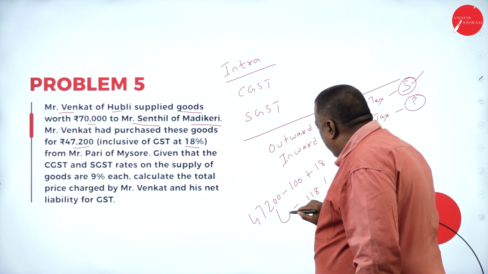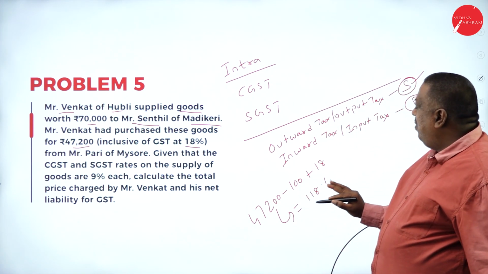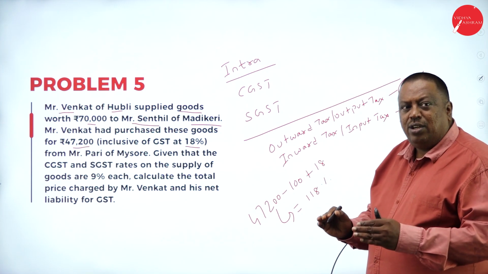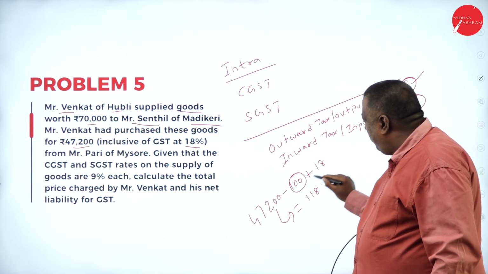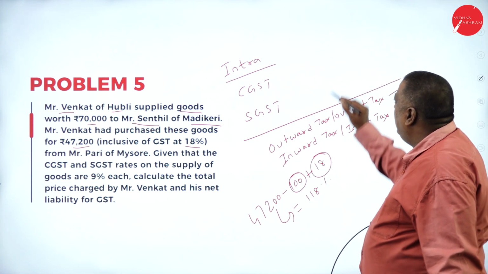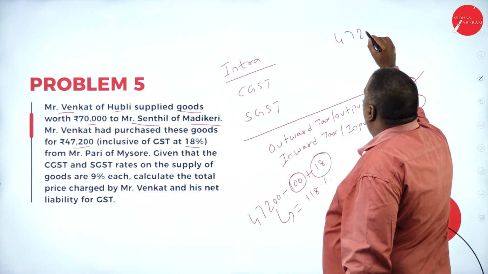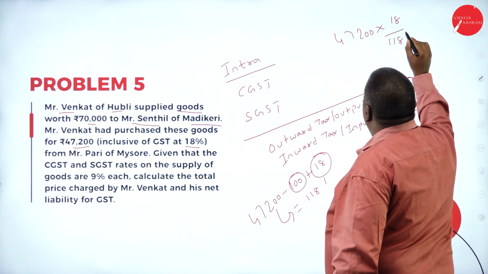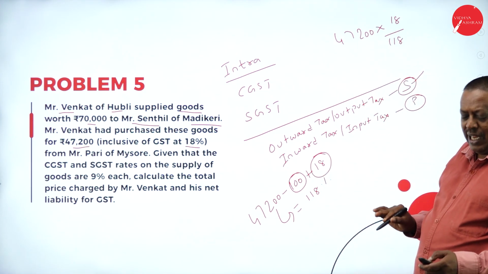The value is at 118%, where I have to remove the part of 100% and identify what is the tax I have paid here. That is nothing but 47,200 into 18 divided by 118. This is how we have to calculate.